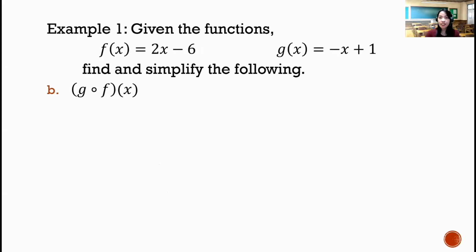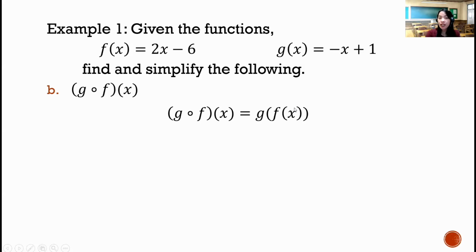For letter B, same functions given, and you're going to find and simplify the composite function g of f of x. So we're going to apply the definition. So that is also equal to g of f of x. Yung nasa loob ng parenthesis ay ang function f of x.